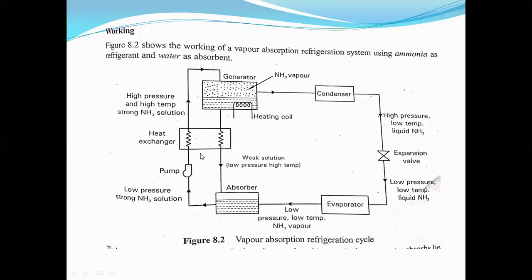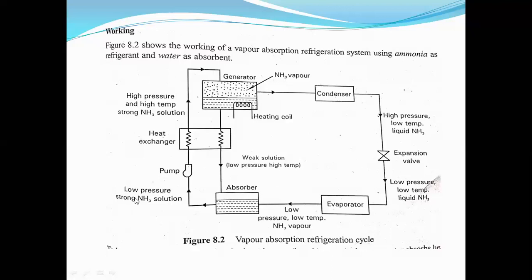You already studied the function of a pump in the centrifugal pump, which is to lift the water from a lower level to a higher level. The main function is to increase the pressure. When the pressure increases, it can easily lift from a lower level to a higher level.